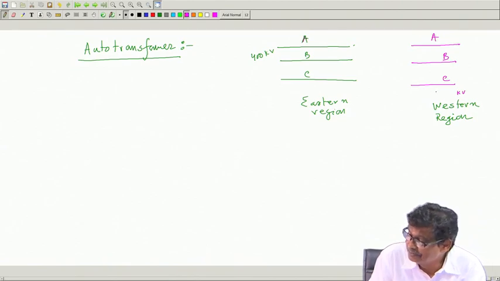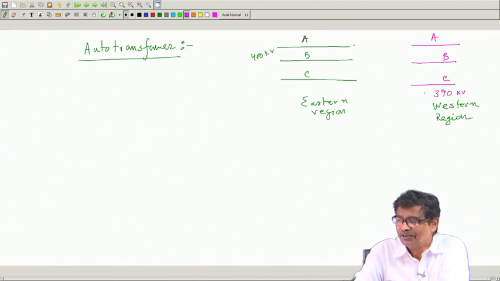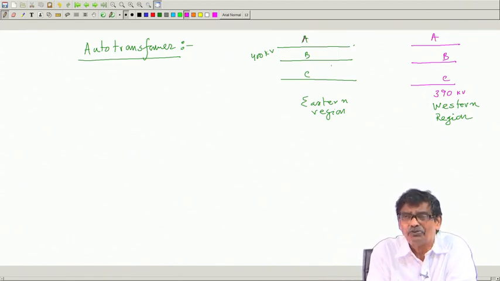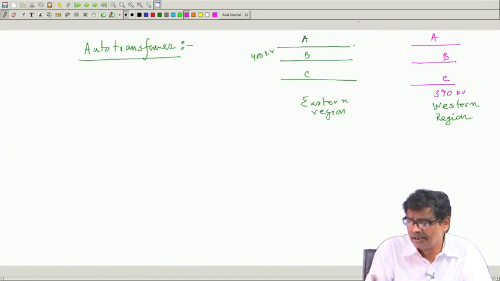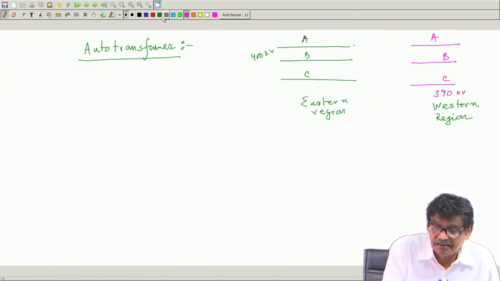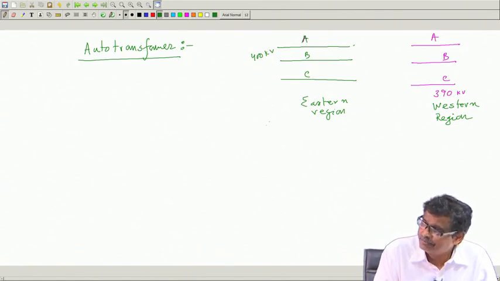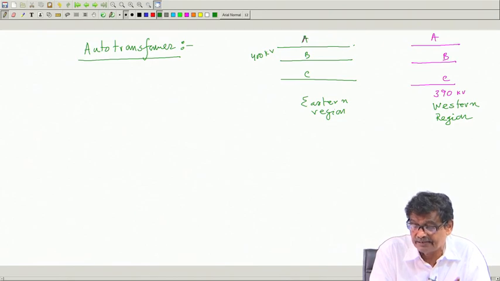Are you getting? Because of loads, here also it is not 400 kV, maybe 402 kV or say 395 kV, because these systems are loaded and the bus voltage may not exactly match.